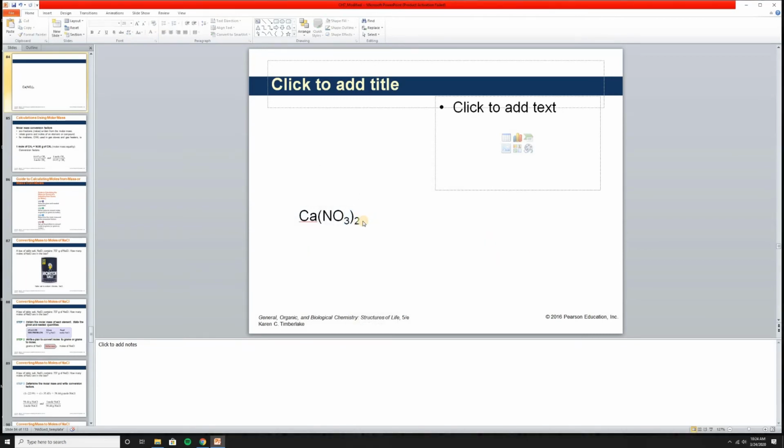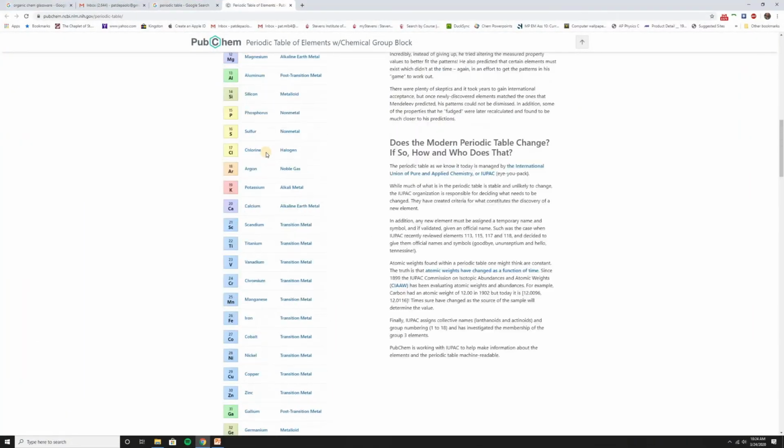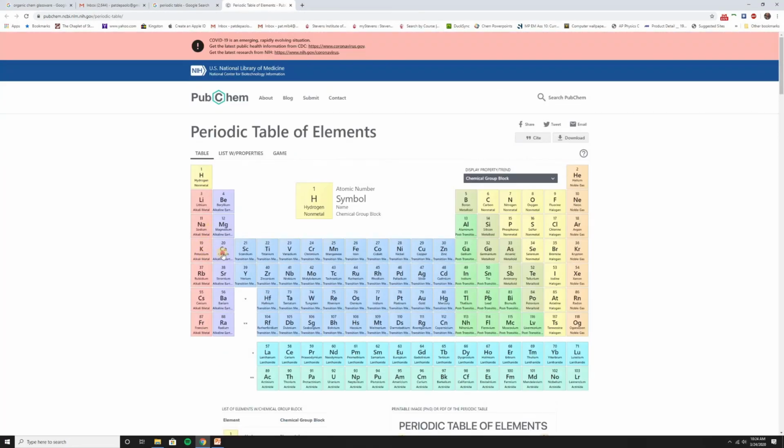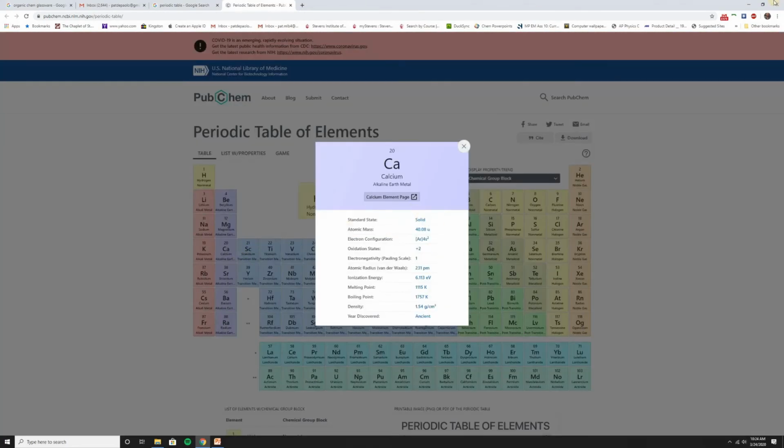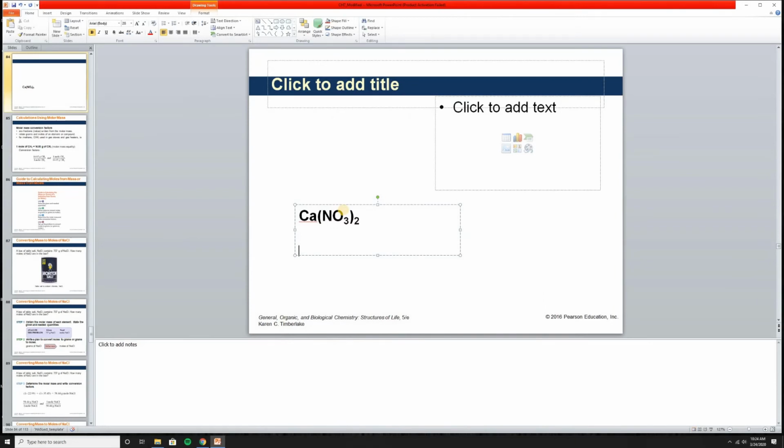So we're trying to figure out the molar mass of this, right? So what we're going to do is we can figure out the molar mass of calcium. So calcium is, what is it, 40? Calcium is 40. So calcium equals 40, right?